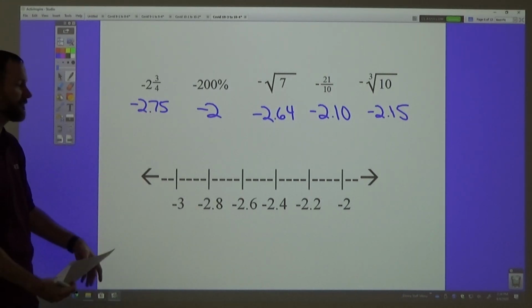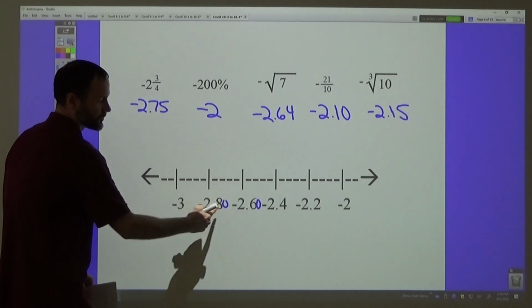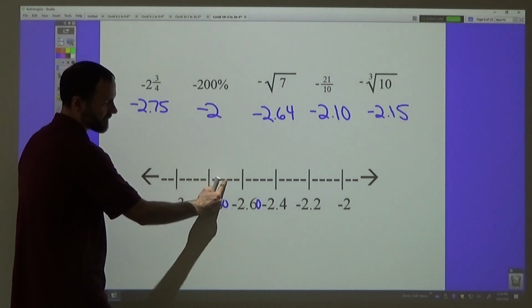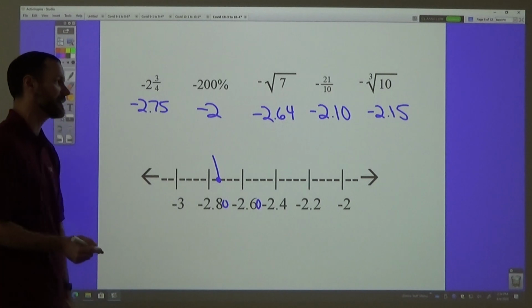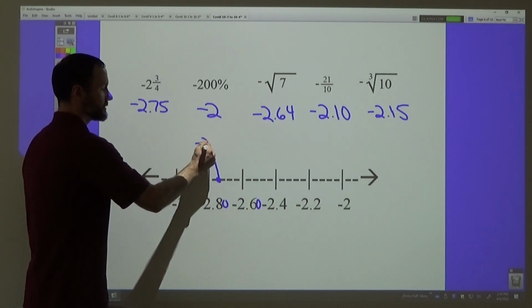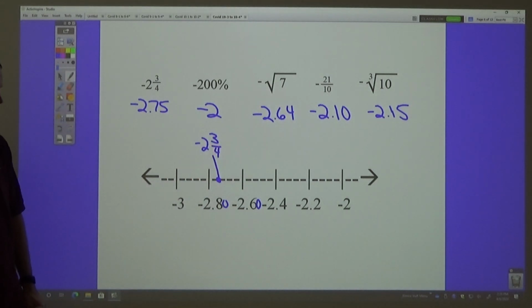Negative 2.75 is in between negative 2.6 and negative 2.8. Negative 2.7 would be halfway in between, so negative 2.75 would be exactly halfway in between negative 2.7 and negative 2.8. So this is where negative 2.75 or negative 2 3/4 would go.